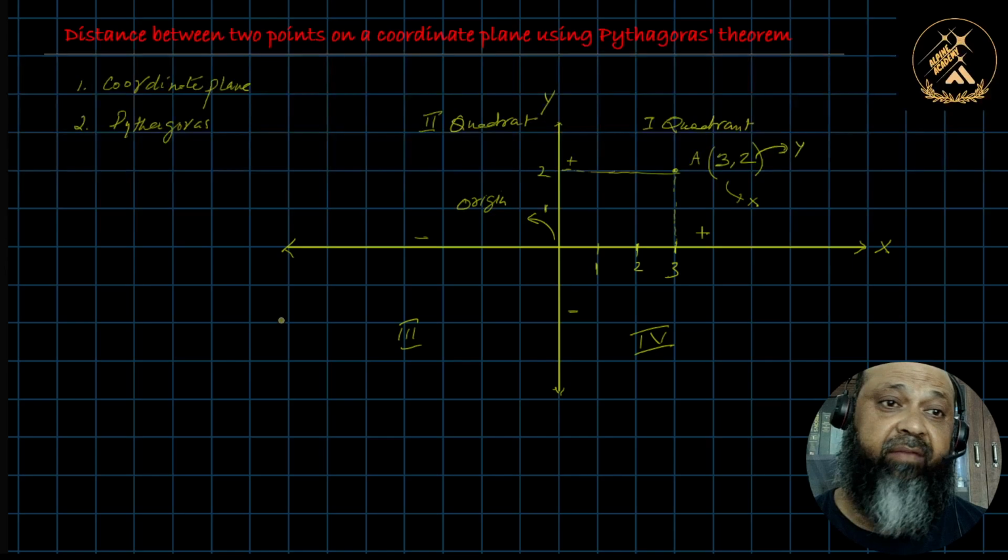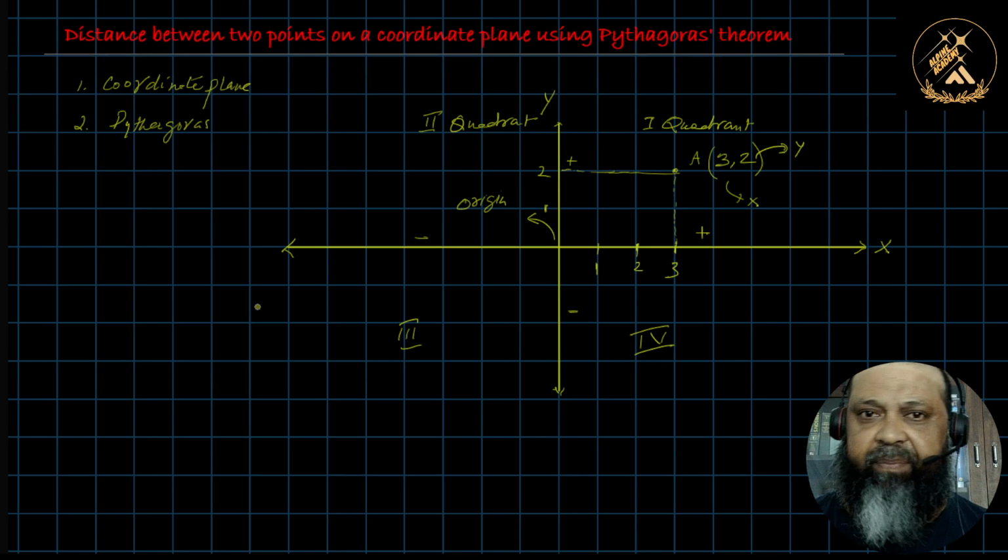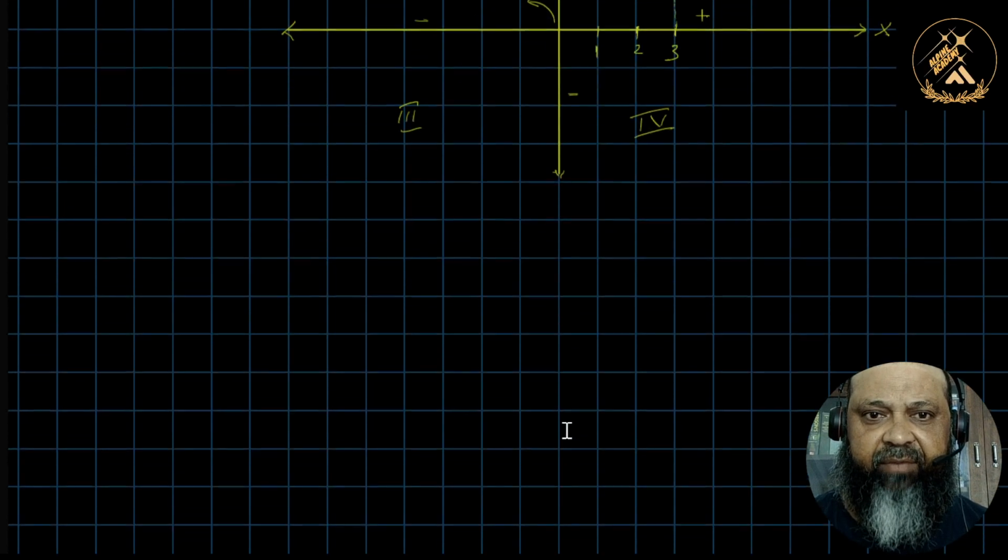Now the second thing we should know is the Pythagoras theorem. First, a brief idea: this theorem is designed for the right angle triangle. This is a right angle triangle I'm drawing here, and this diagonal line is known as the hypotenuse.